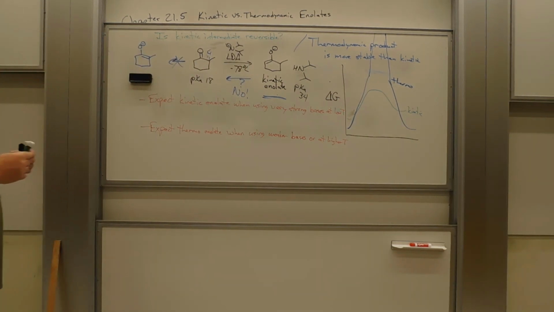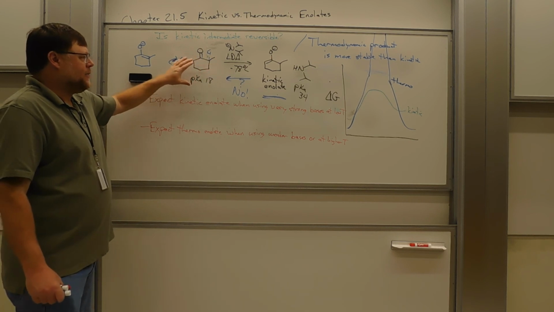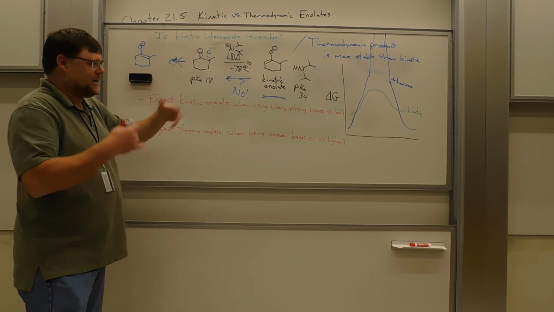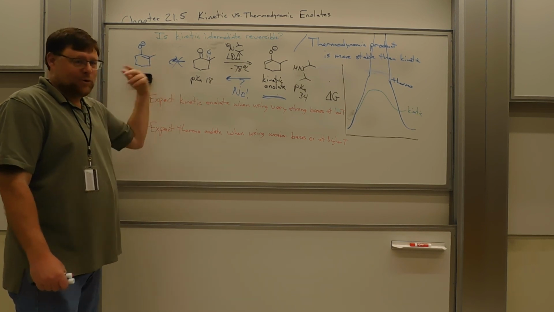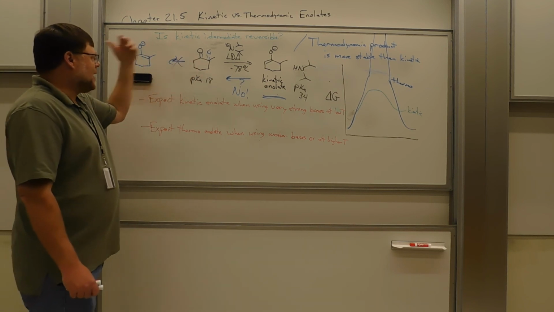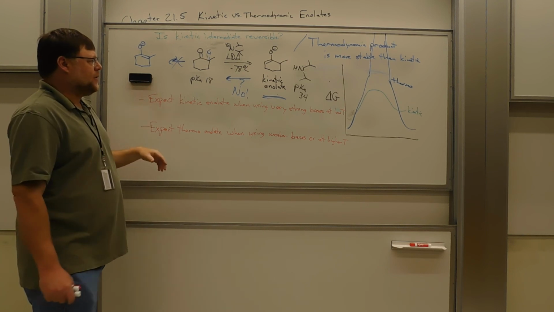You should expect the thermodynamic enolate when using weaker bases, or when you're doing these reactions at a higher temperature. Even if I use LDA, if I make a whole pot of enolate with LDA and I raise the temperature up to room temperature and just let it stir for a while, sure, I can get some thermodynamic enolate. You can get some proton transfer.